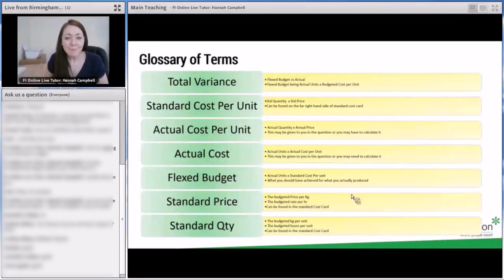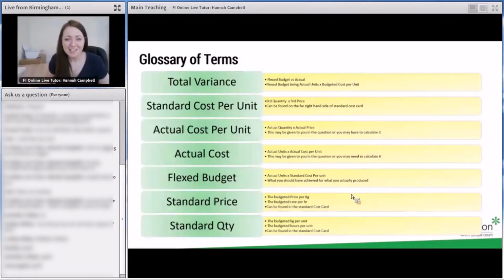But obviously, the more questions that you do, the more you're going to see all of these different ways that the question might give you information, and that is how you are going to learn, and how you're going to remember to locate the right information in the exam.